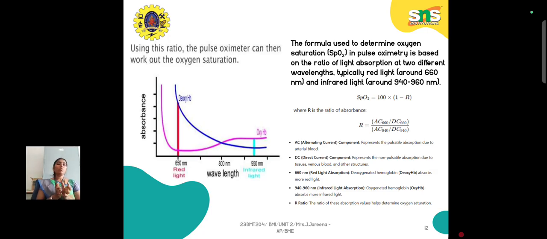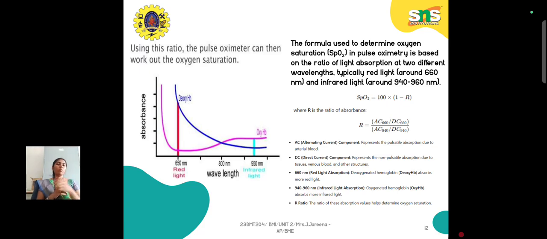So this is how the device works to give the oxygen saturation value, right? I think you now get to know how the oxygen concentration is observed by using Beer-Lambert's law, by following three properties.